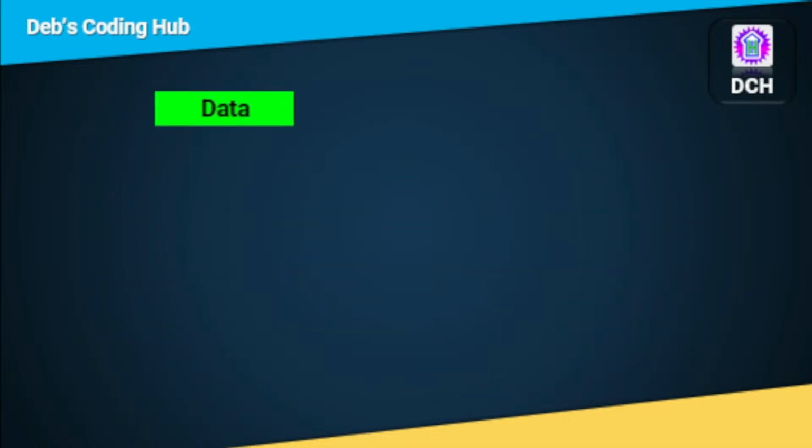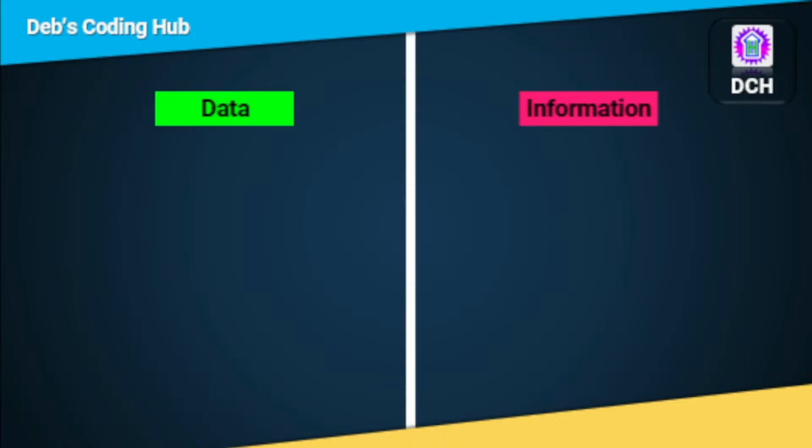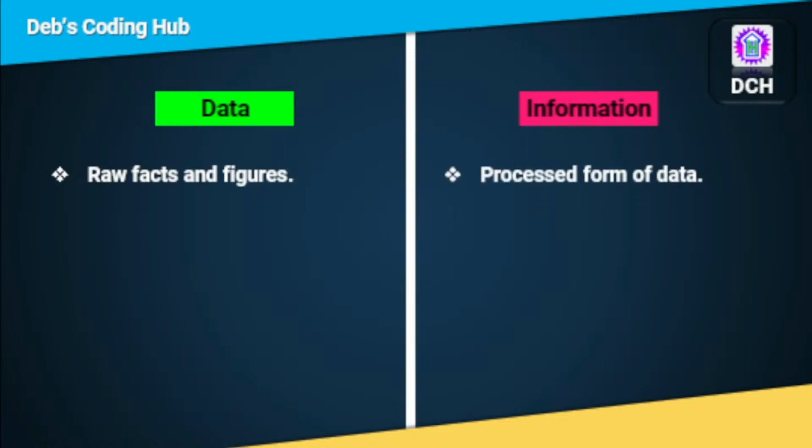And when I talk about data and information, there must be some differences between the two. Let us see the differences between data and information. Data is nothing but raw facts and figures, whereas information is processed form of data. Next, data is not dependent on information because information is derived from data.